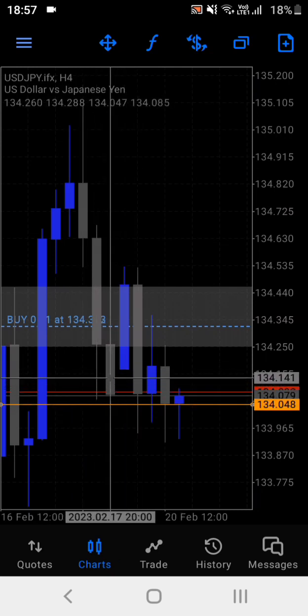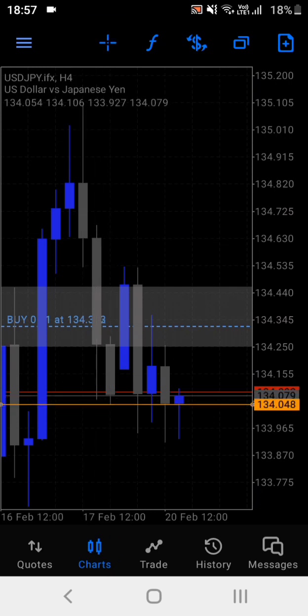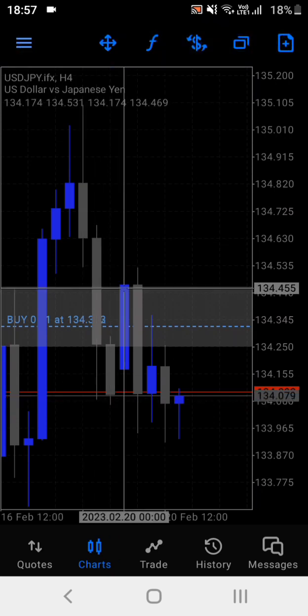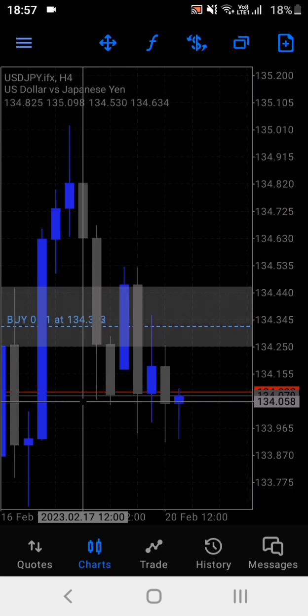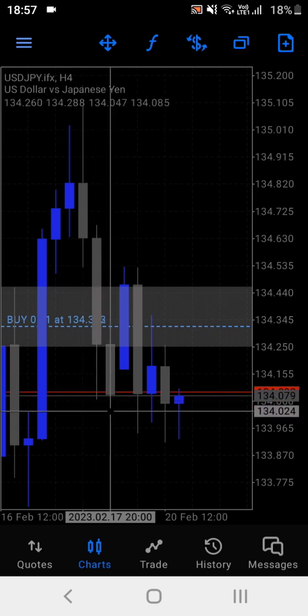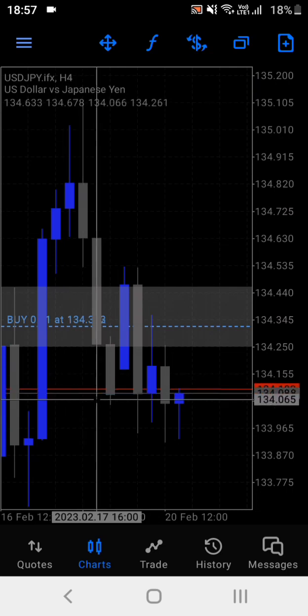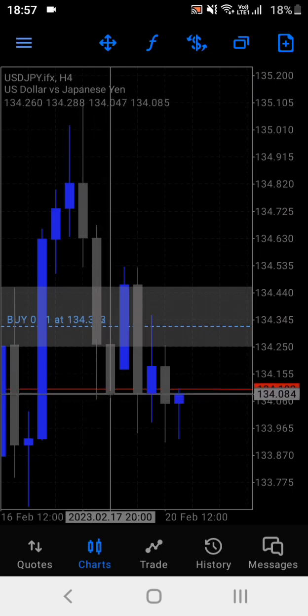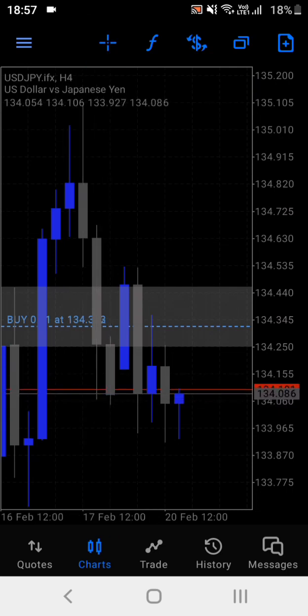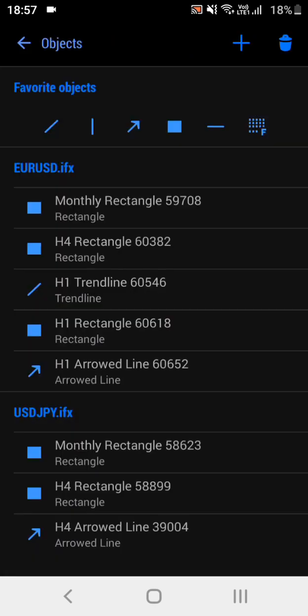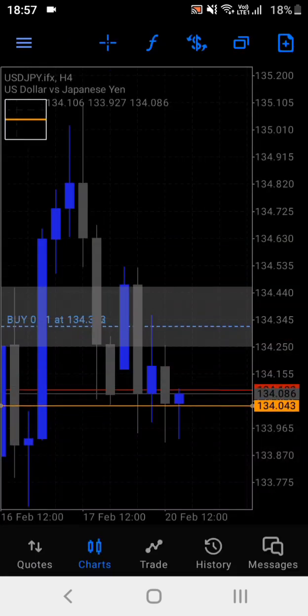Once this one breaks, you put a horizontal line at the last place that the candlestick touched, which is right here, guys. So I will put my zone right here. So now this horizontal line is important.